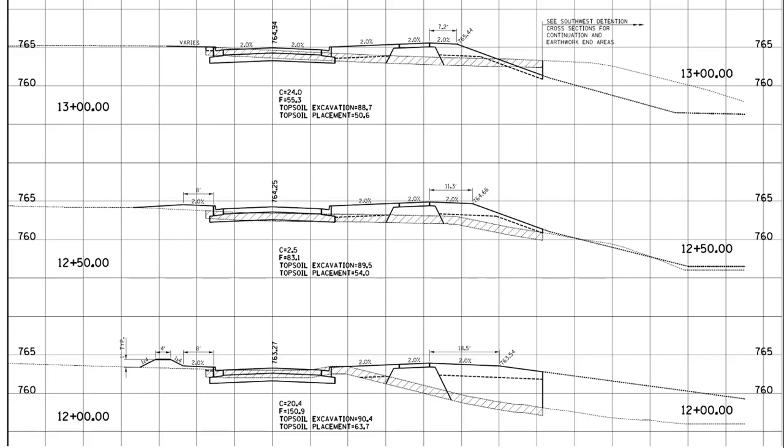So all of this is going to be improvements that are right of the baseline. All of these are going to be improvements that are left of the baseline. So all of these would have right offsets, all of these would have left offsets, and this is going to be the baseline or the center line of the road. Also given is how much cut and fill is needed to meet these grades that are required.